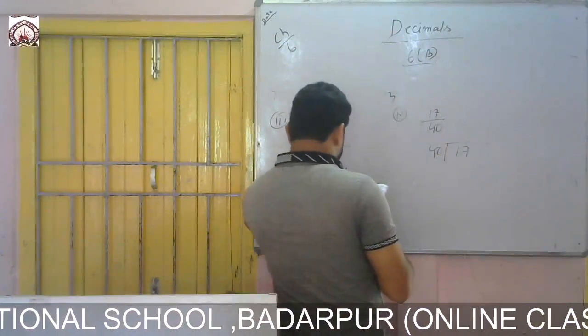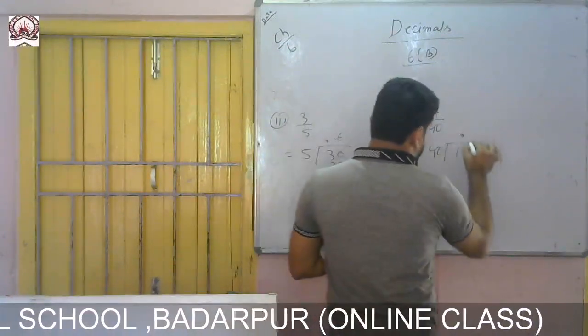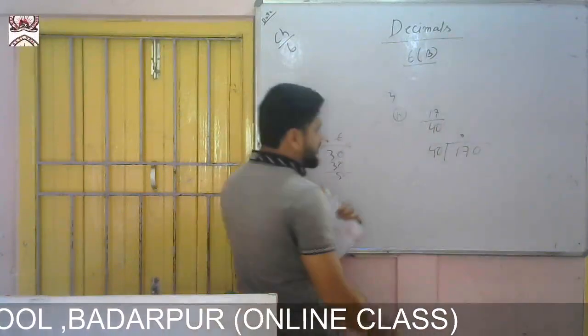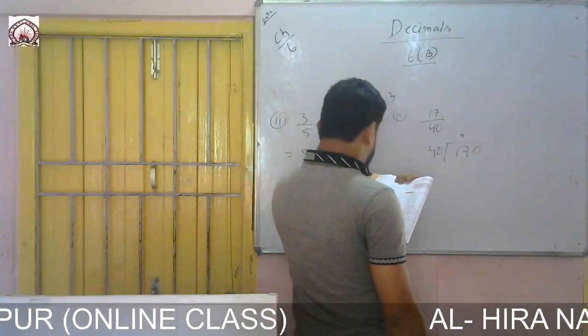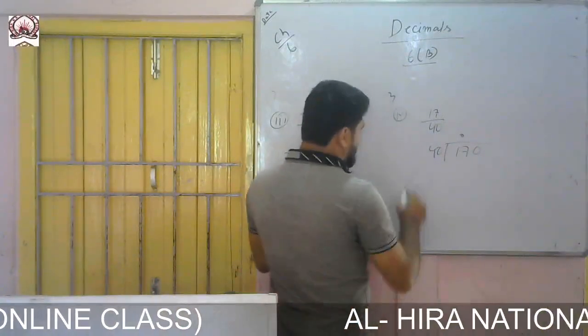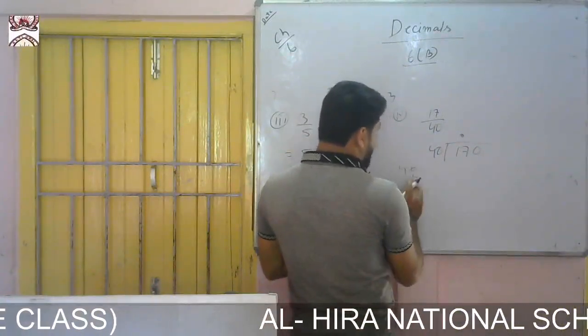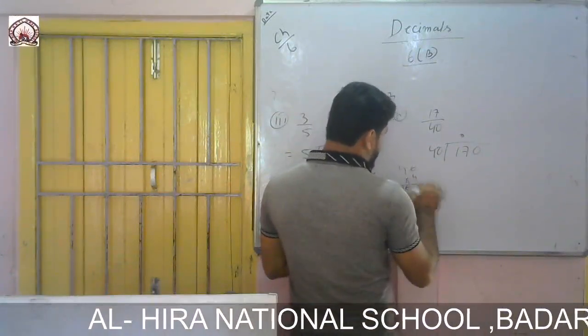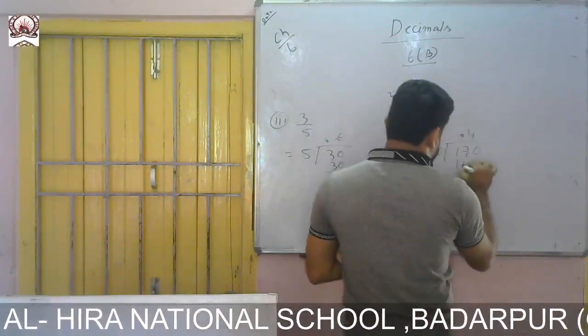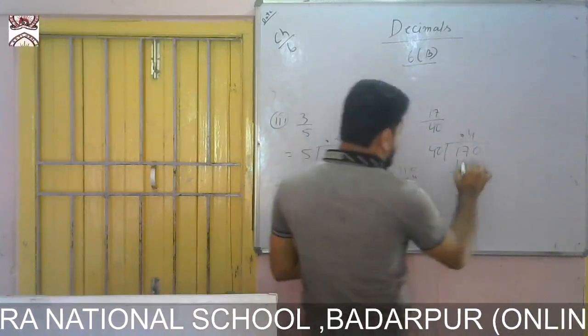So you bring point and put 1 0. Now you just go on multiplying 40. Then if I see with 4 4s, 4 5s that will be 200. So 4 4s are 16, 160.